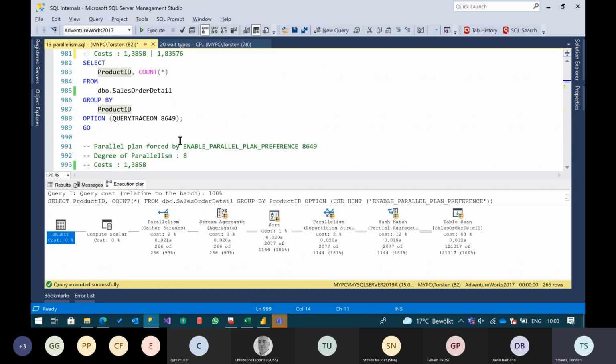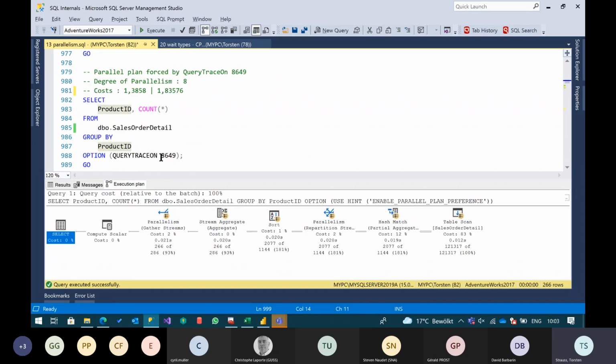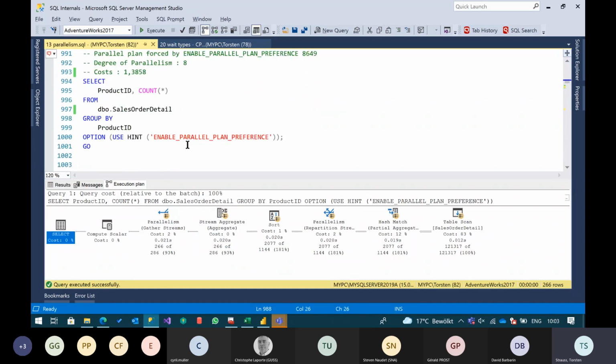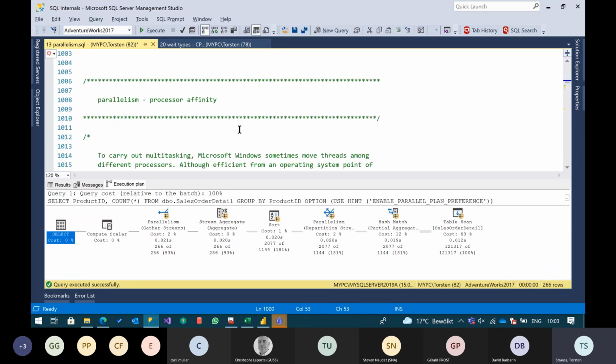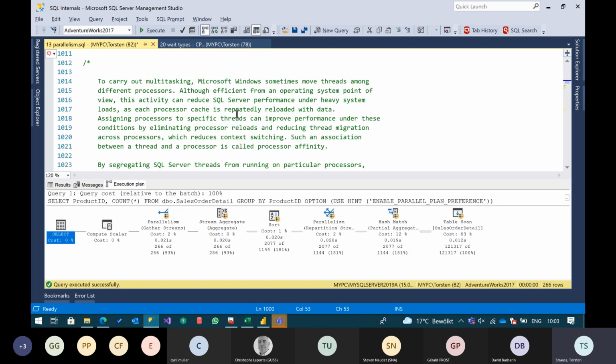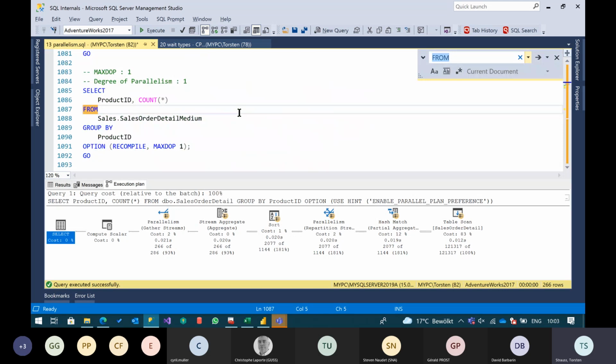It is your choice: either you can use QUERYTRACEON 8649, or you can use Enable Parallel Plan Preference. Just to see and understand what it means when I force SQL Server to run the query in parallel in terms of elapsed time, costs, and CPU. Sometimes it's definitely helpful. Okay, I will switch this part.